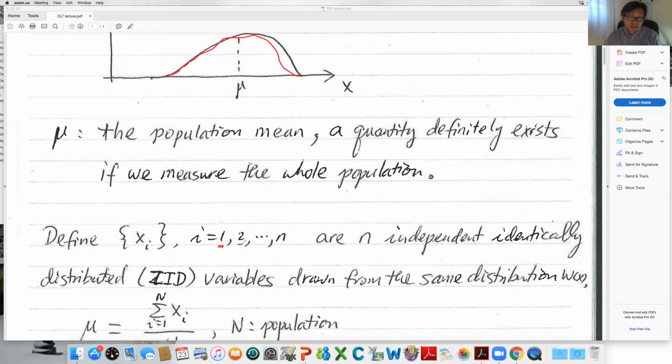My second one is also from this population, okay? So in other words, my x1 and x2 are independent samples from the population, but they all obey the same distribution. So they're identically distributed, okay?